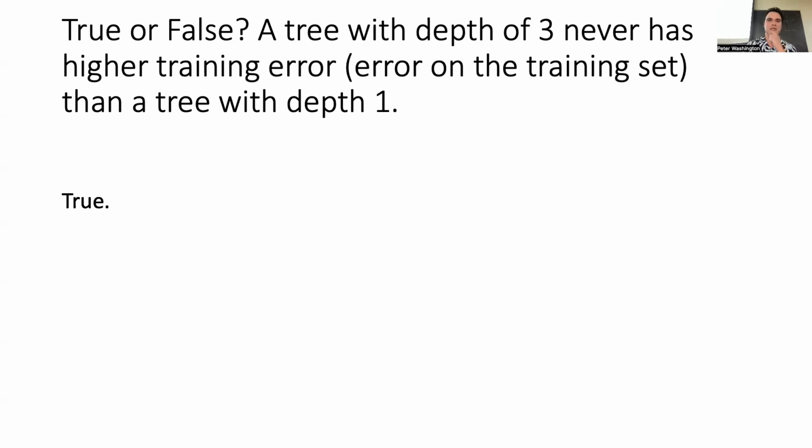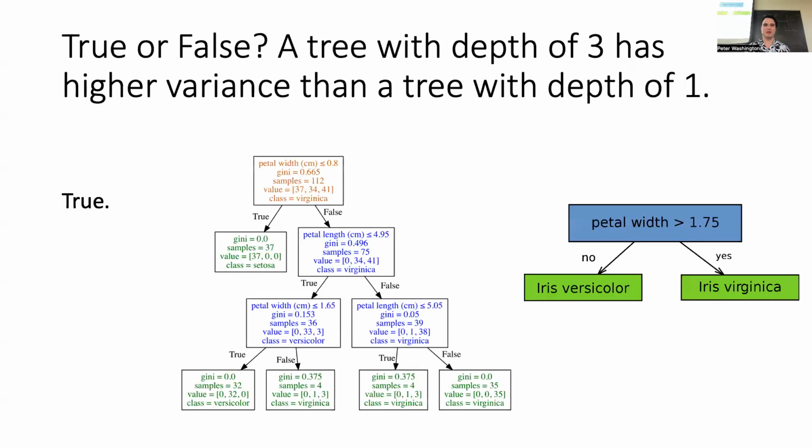The reason is that if you're training a model, going back to this picture, with a depth of 3 you're going to split your data more, and therefore you're going to do a better job at splitting your data, and therefore you're going to have less error than a depth of 1, where you're only splitting your data once.